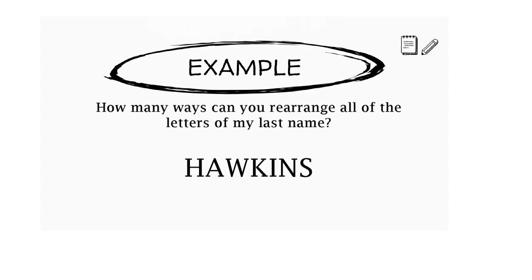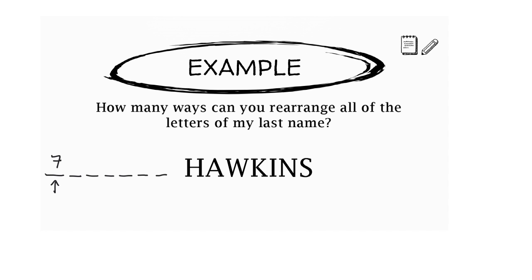Let's look at a real example. Suppose you wanted to figure out how many different ways you could rearrange all of the letters of my last name. We could think of this as a counting problem. There are 7 different letters, so I can think of it as 7 slots. For the first one, I have 7 independent choices.